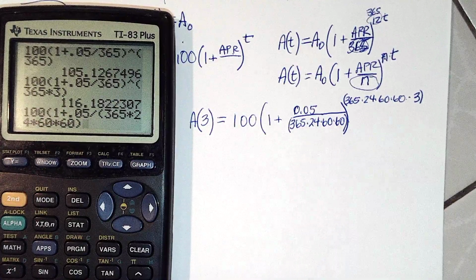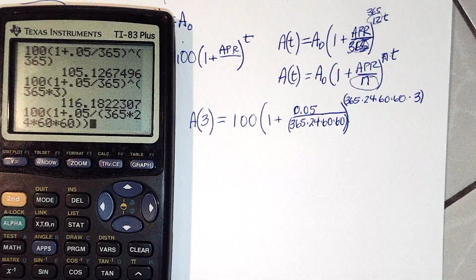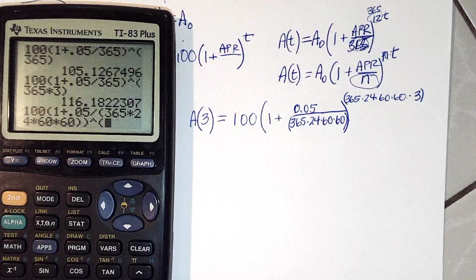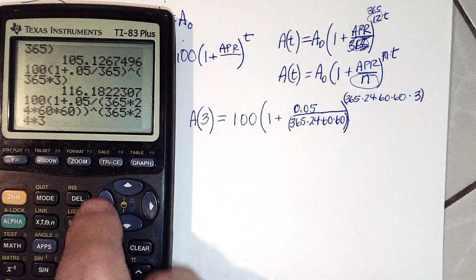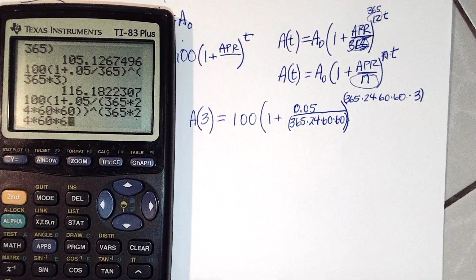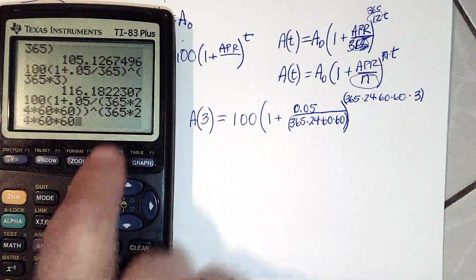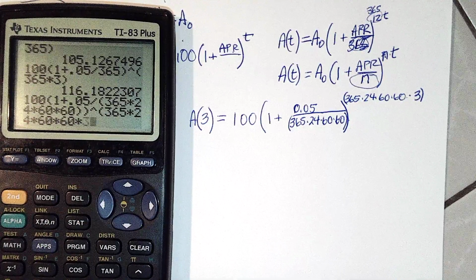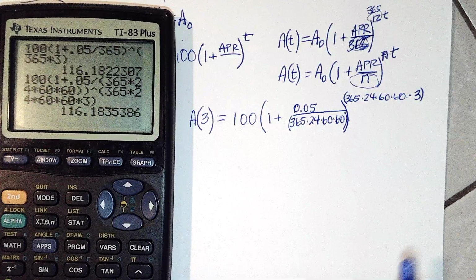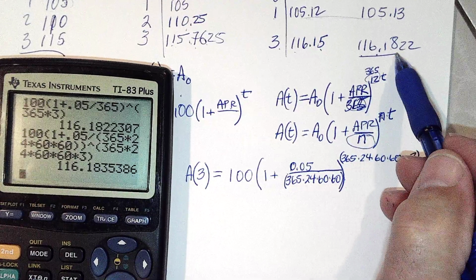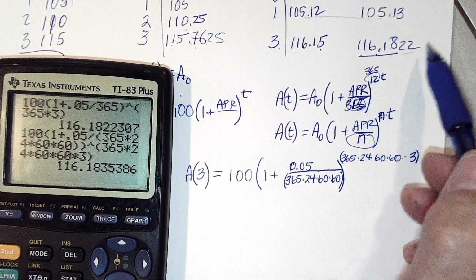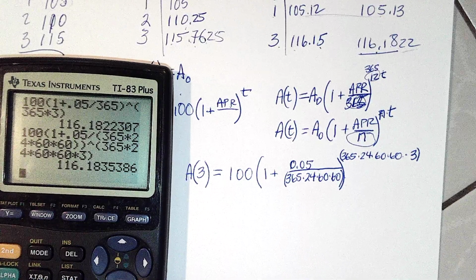So now I need another parenthesis, closing, to the, now I got to open my new exponent parenthesis, 365 times 24 times 60 times 60. Did I get it all in right? Yep. Times 3. So that's for 3 years. And it's 116.1835. So I got a fraction of a penny more. Okay?